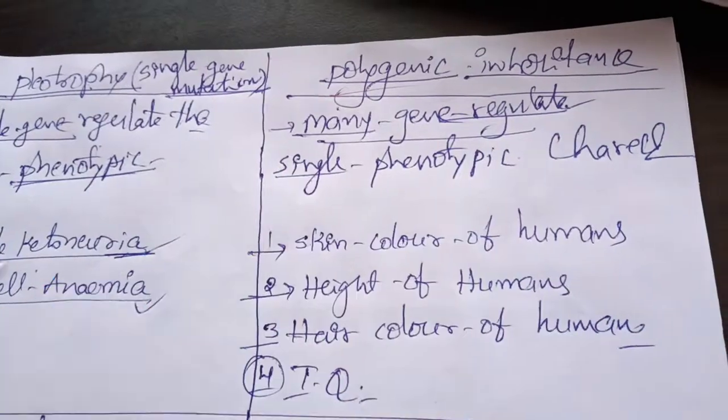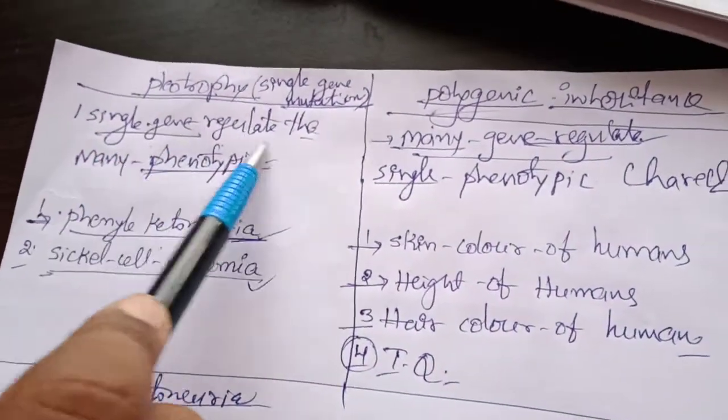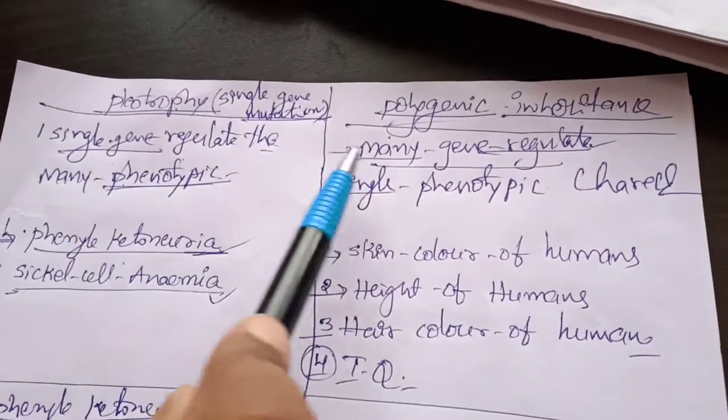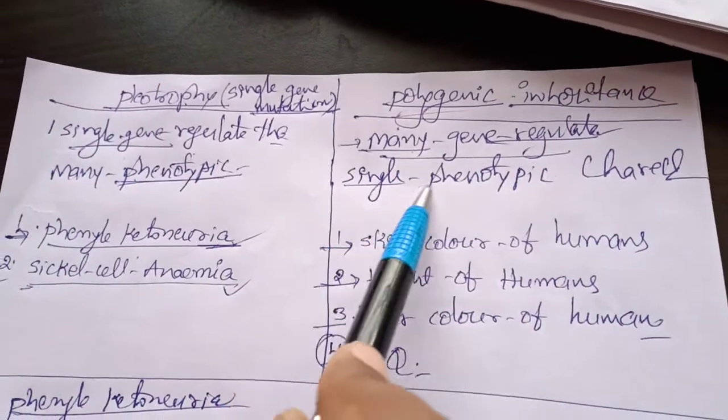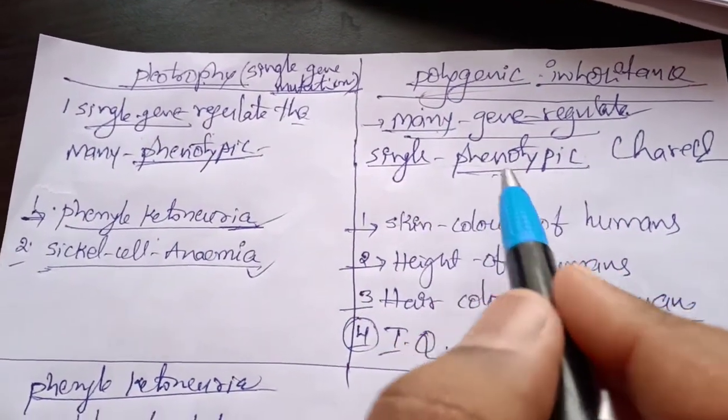So it is very easy to distinguish: a single gene regulating many phenotypes is pleiotropy; many genes regulating a single phenotypic character is polygenic inheritance.